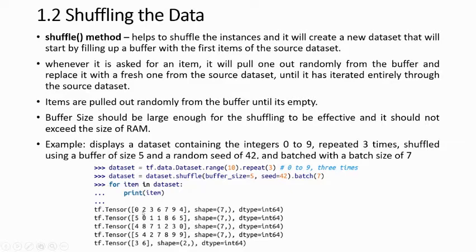Here you can see the data is already shuffled, because you have applied the concept of shuffle with the buffer. So it is printing 7 items in one batch. In the same way it will have 4 batches because you have repeated the data 3 times. And the last batch now has 3 and 6.